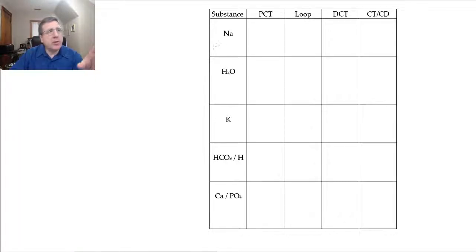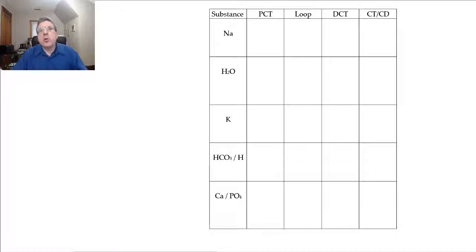So let's look at what I'm talking about. In this chart that we're looking at right now, we've got sodium, water, potassium, bicarbonate paired with a hydrogen ion, and then calcium and phosphate as the last 2. I would like to cover these first 3 in this one. These are going to be big ones that I want to focus in on for this video.